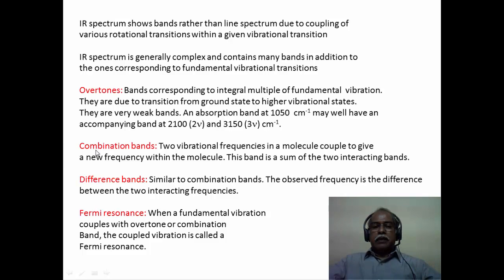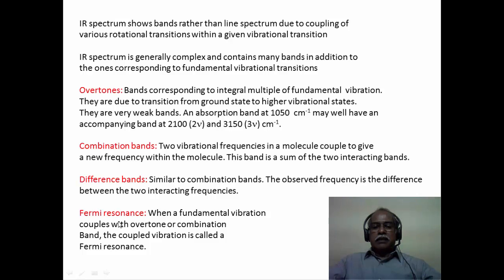The difference band is exactly the opposite. The observed frequency is the difference between the two interacting frequencies. In other words, this is similar to a combination band, except that one is addition and this is subtraction of the two frequencies which are interacting or coupling to give a third frequency.